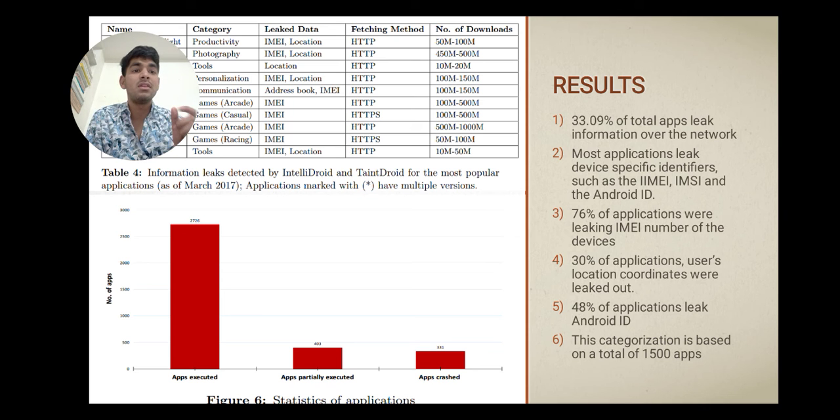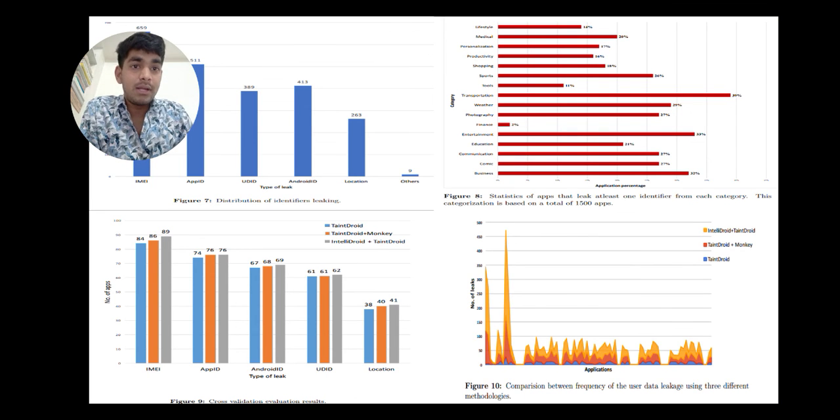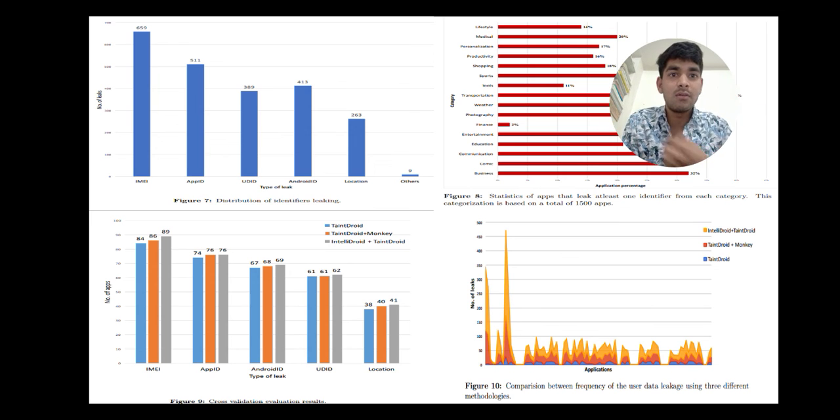The categorization is based on a total of 1500 apps. Okay, so this is the total result of all the graphs, like the distribution of identifier leaking, second, third, fourth.